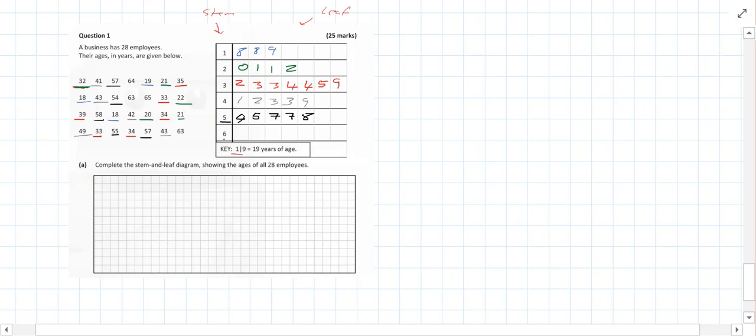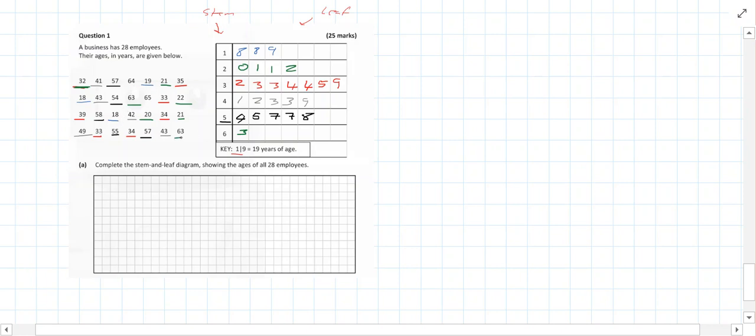And then the last one is the numbers that start with 6. So we have this one here, 63. So the 6 is represented by the stem and the 3 is represented in the leaf. So 63. Do we have any other? We have 64 here.